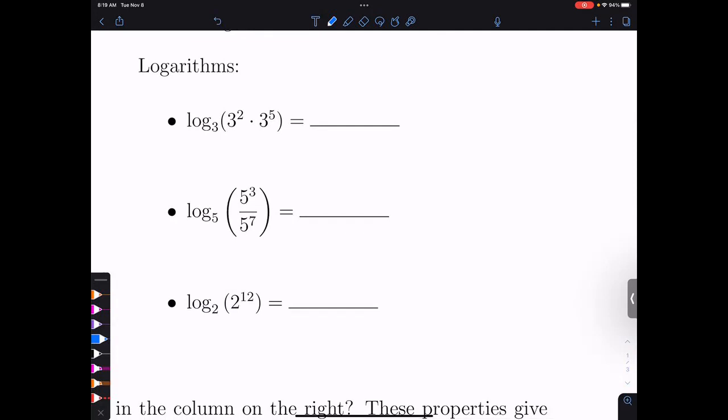Okay, so first one, the log base 3 of 3 squared times 3 to the 5th. So we've got on the inside of the log, multiplying like bases. And then we're taking the log base 3 of a power of 3, right? So what do you end up with there? What does that whole thing simplify to?